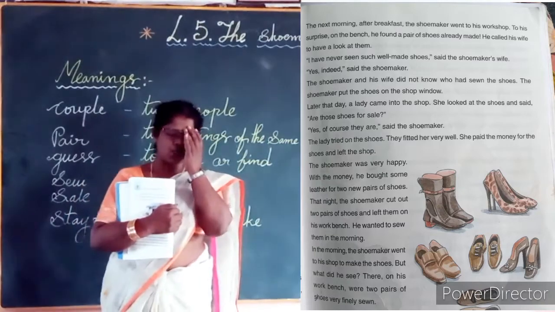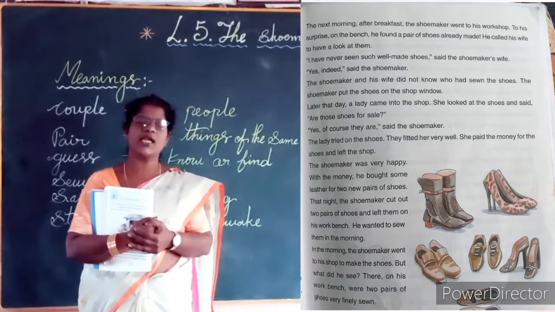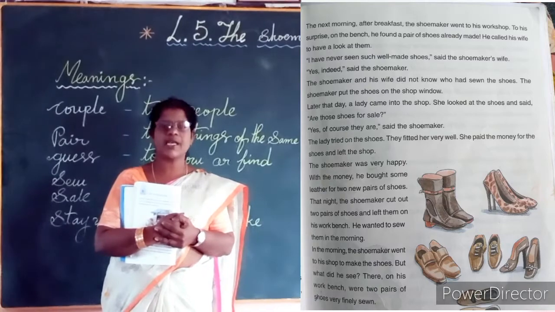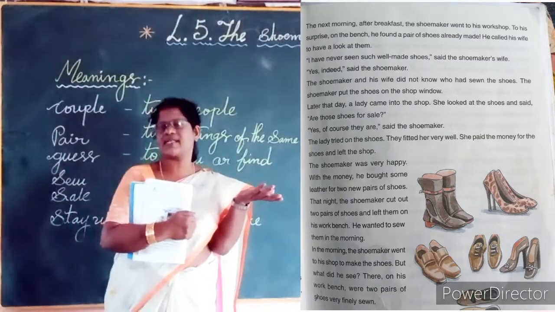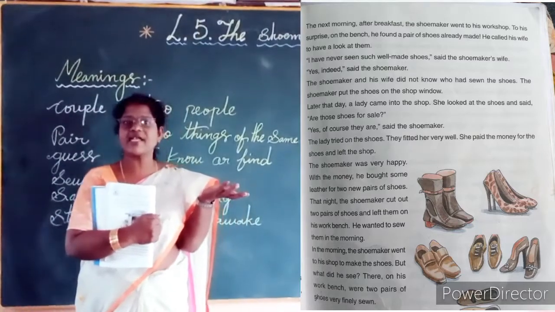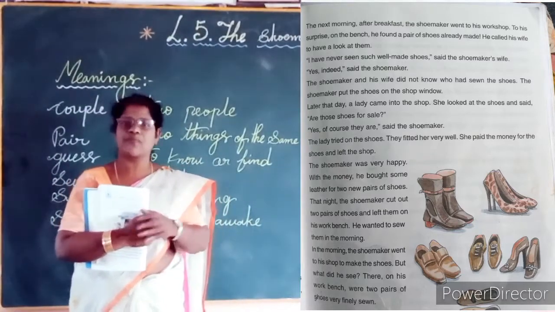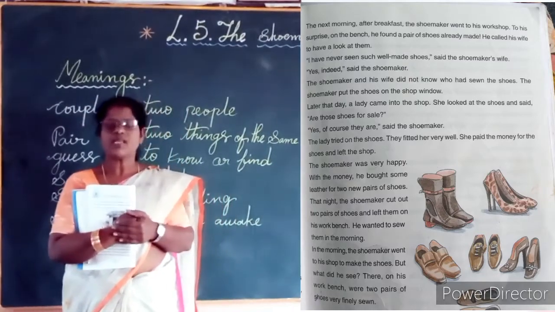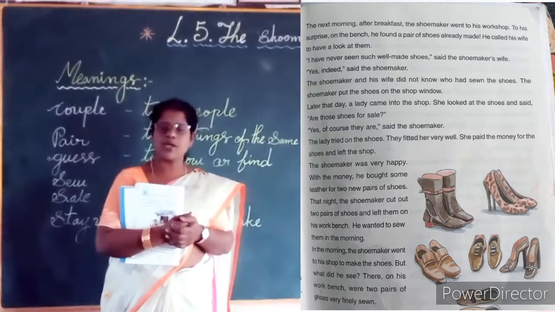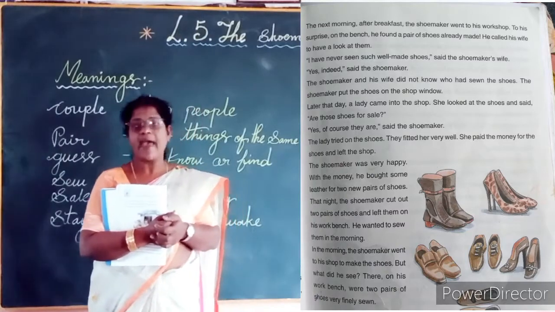Yeah, this shoemaker's wife is very happy. She is saying to her husband that she didn't see this type of very nicely mended, very nicely stitched shoes. And this husband also is getting happy.